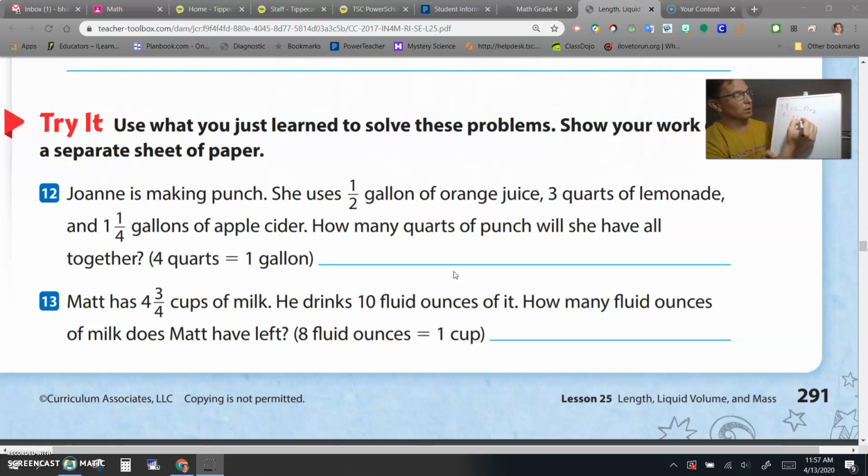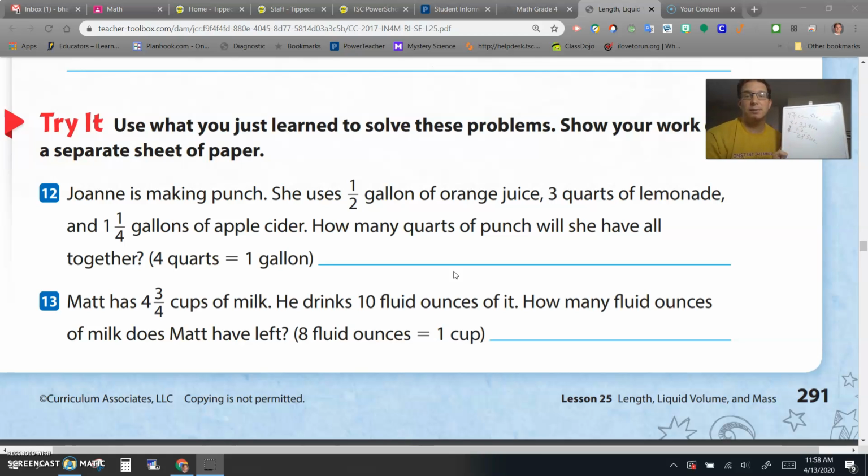Now 3/4, we have to divide 8 by 4 is 2. That'd be 1/4 is 2. There are 3/4, so 2 plus 2 plus 2 is 6 fluid ounces. That's 3/4. 32 plus 6 is 38 fluid ounces. How much he started with.